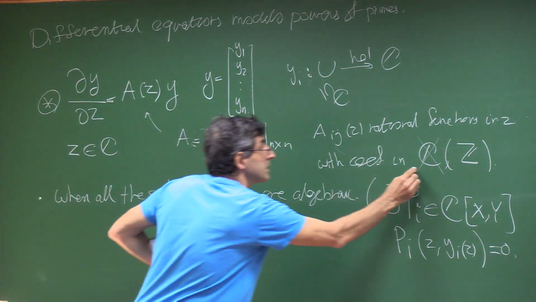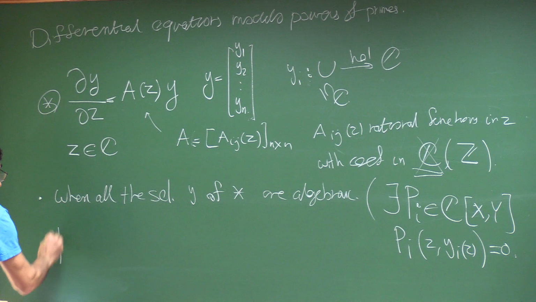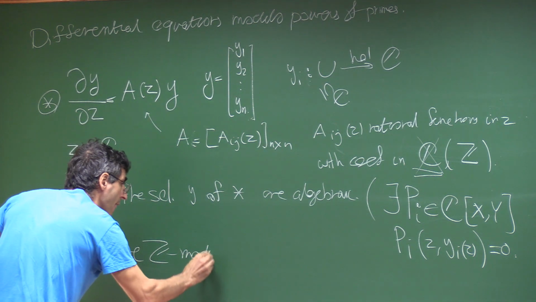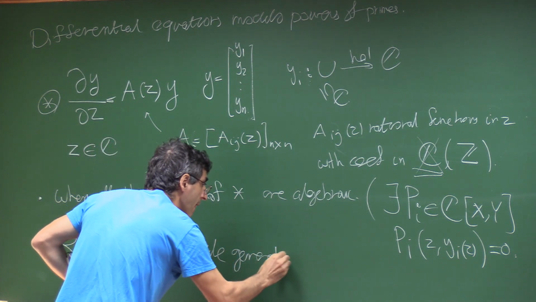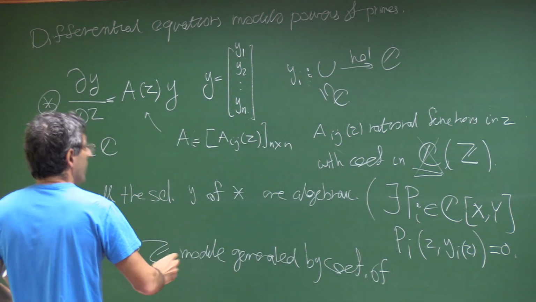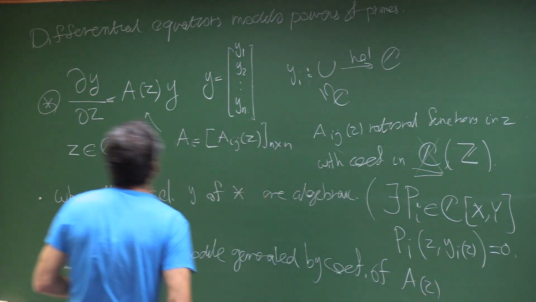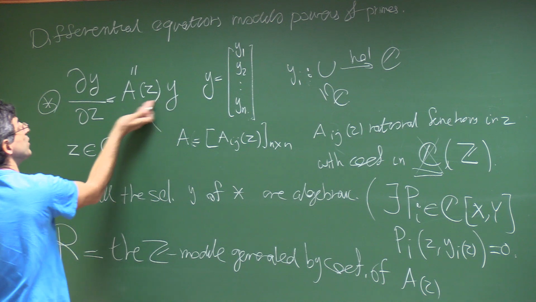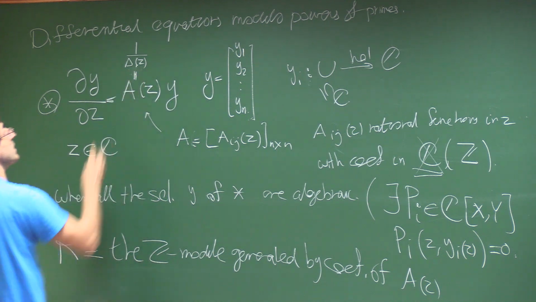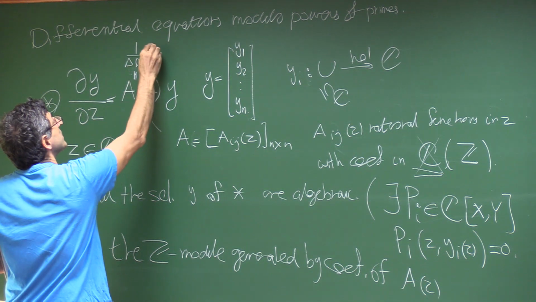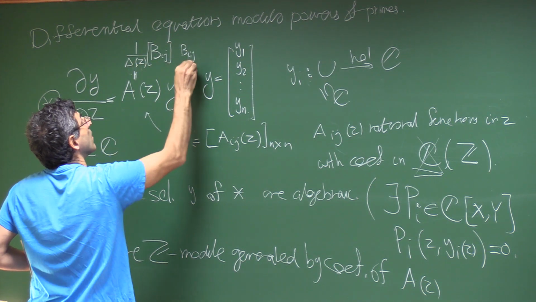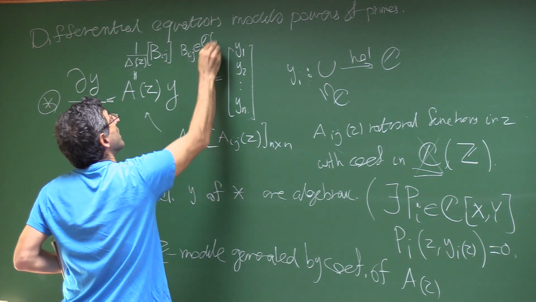So in this general context defined over C, I will, for example, use a ring R, the Z-module generated by coefficients of A(z). Maybe sometimes I take the denominator of this outside, so I write it as divided by delta(z), another polynomial, and then another matrix B_ij, and then B_ij are now polynomials in z.